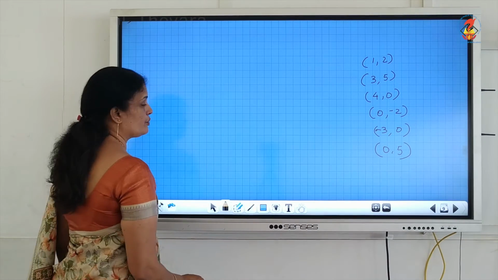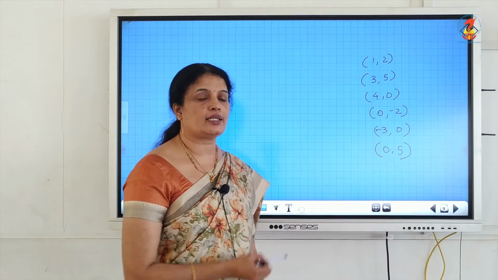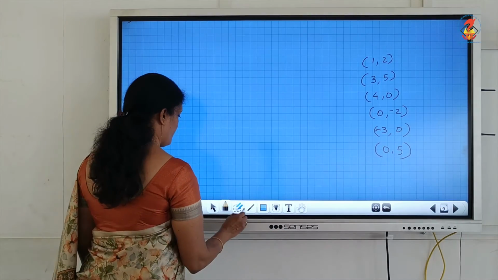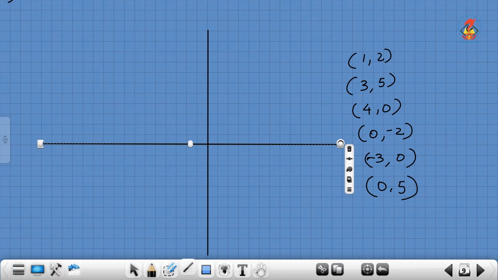First, we have to draw the two perpendicular number lines, the x axis and y axis. This vertical line is called the y axis, and this horizontal line is called the x axis.